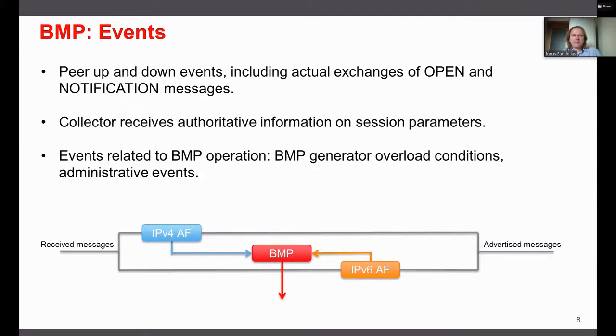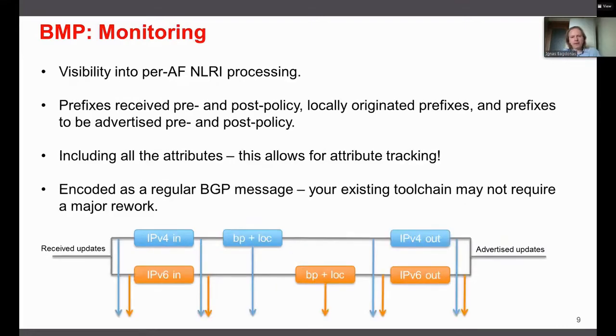It might be that the BMP component or the transport channel from the BMP component to your collector will get overloaded. This will allow a BMP component to signal such an event, saying that it was overloaded and has lost that many thousands of messages. Therefore, be careful with how you interpret certain missing fields on your collector.